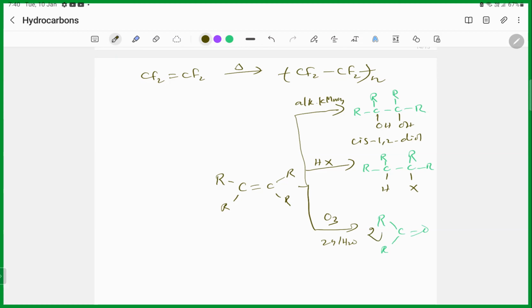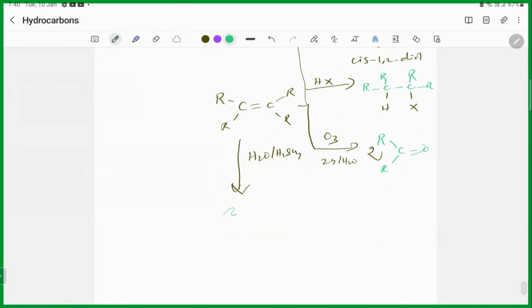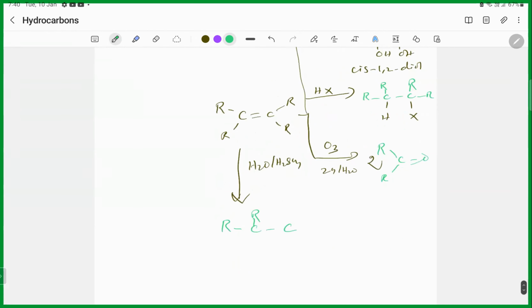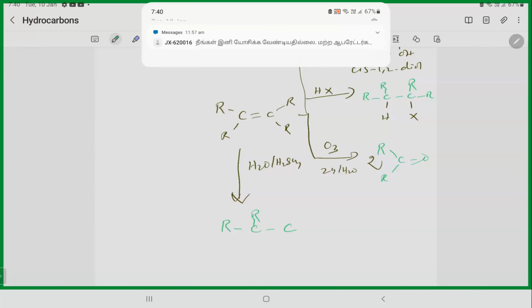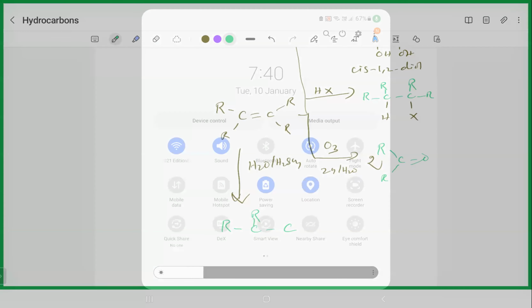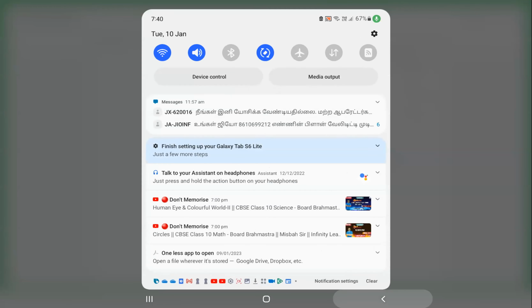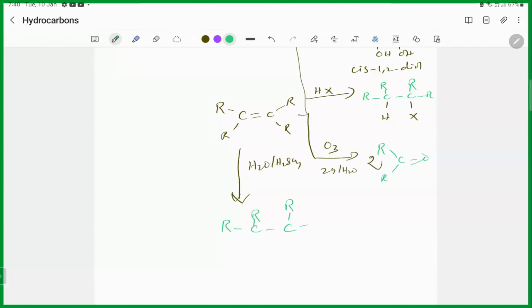Suppose you treat with water and sulfuric acid, that means hydration, you will end up with the hydrated product.